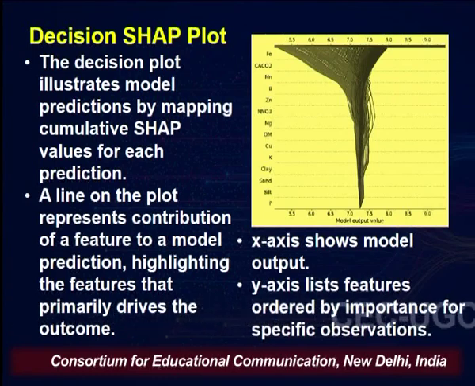Since we have a collection of lines here, the decision SHAP plot in this plot that you can see on the screen is behaving as a summary plot. If there had been just one line, then it would behave as an individual or sample specific plot. So the decision plot is one that can behave as a summary as well as an individual specific plot.